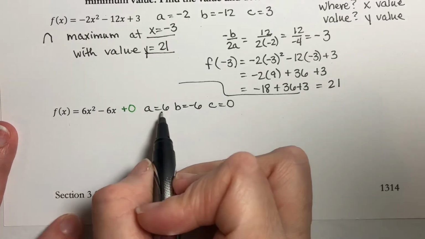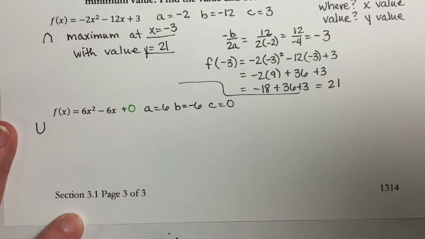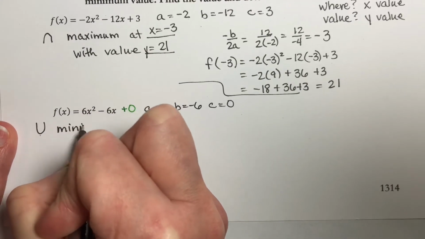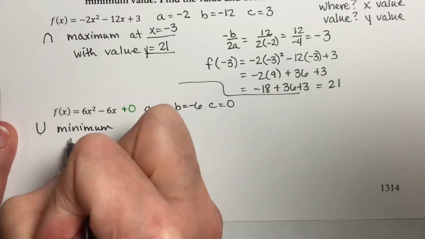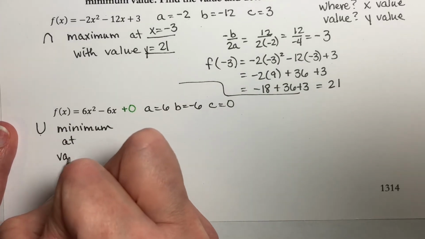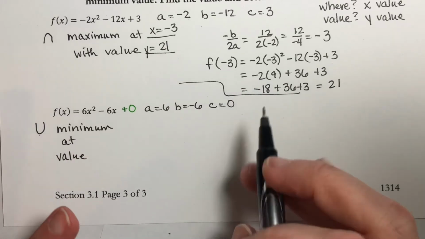Okay, my a value is positive, so it opens up, which means I have a minimum. And it happens at whatever our x value is, and it has the value of whatever our y value is.